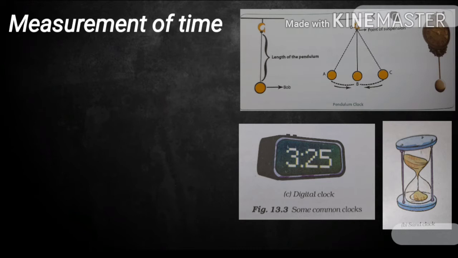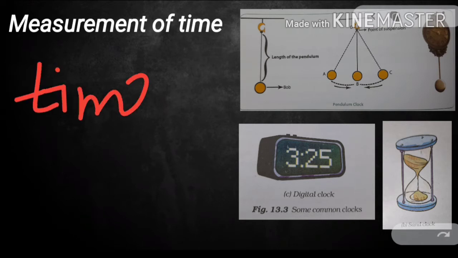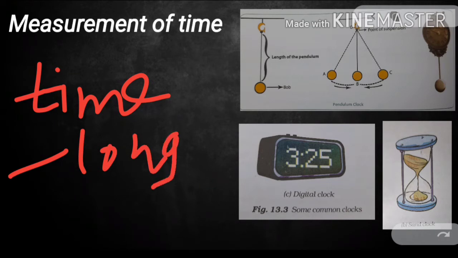So these time intervals could not be used as the standard units of time. Why? Because, number 1, the time intervals are long. Number 2, these time intervals change from place to place and from time to time.